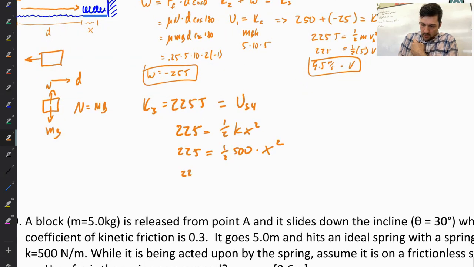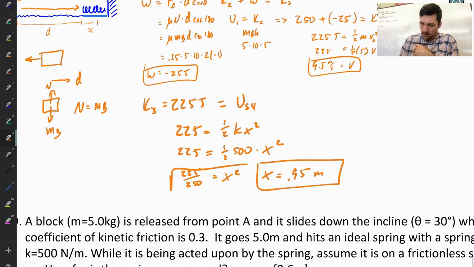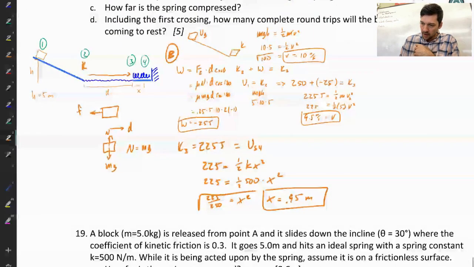So we've got 225 over 250 equals x squared, square root all that. The compression is going to be 0.95 meters. All right, so it compresses by 0.95 meters. And that is part C.